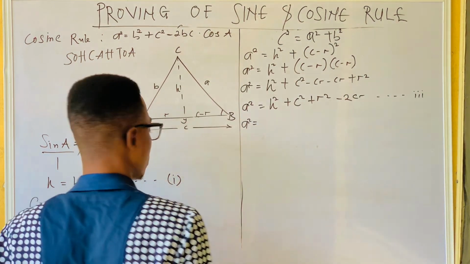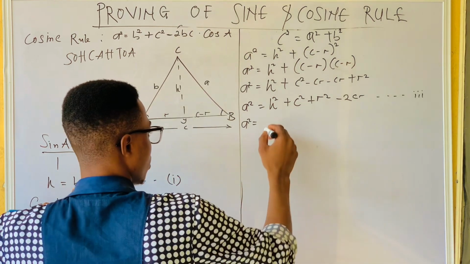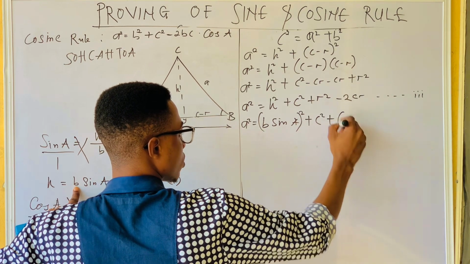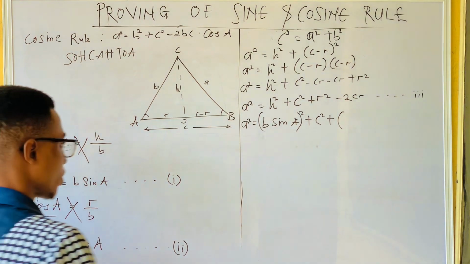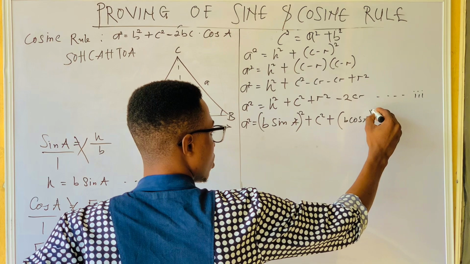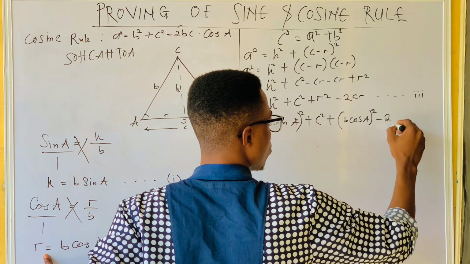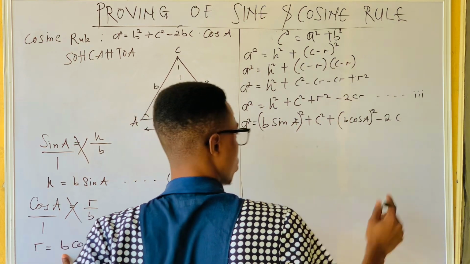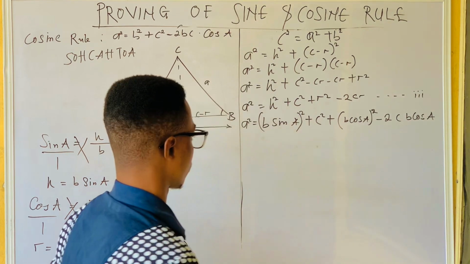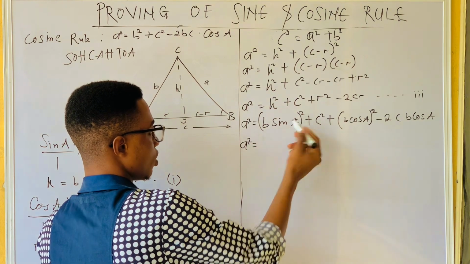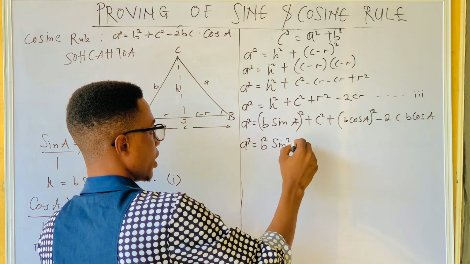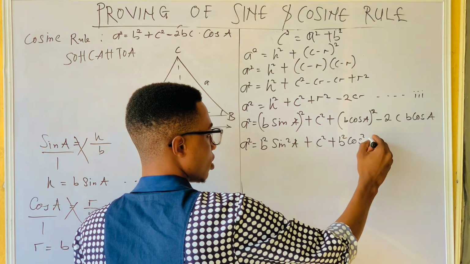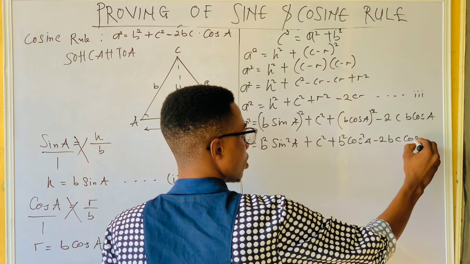We have a squared equals h squared, which is b sine A, and don't forget it is squared, plus c squared plus our r, which is from equation 2, b cos A, squared, minus 2 times c, our r as well from equation 2, b cos A. So we have a squared is equal to b squared sine squared A plus c squared plus b squared cos squared A minus 2bc cos A.